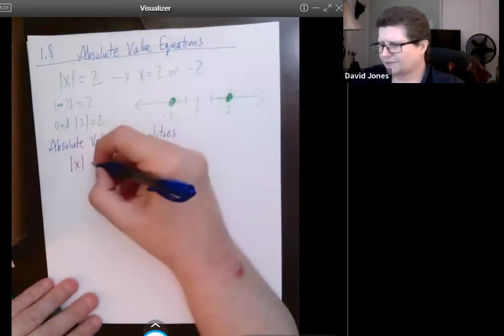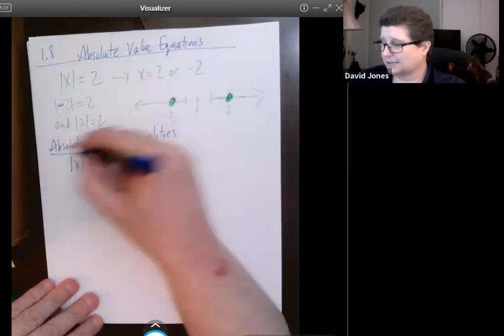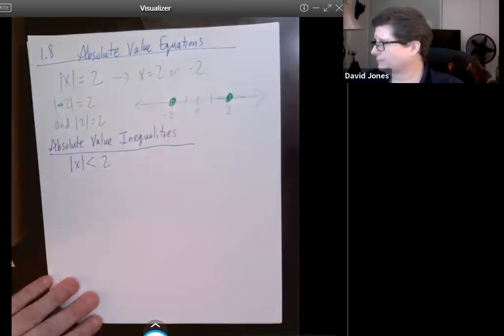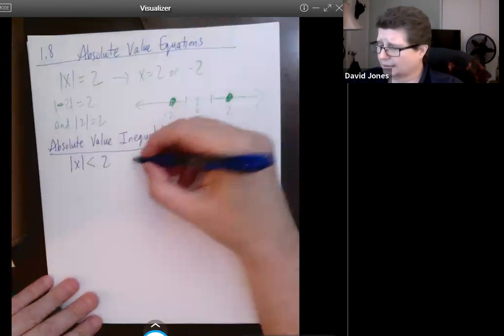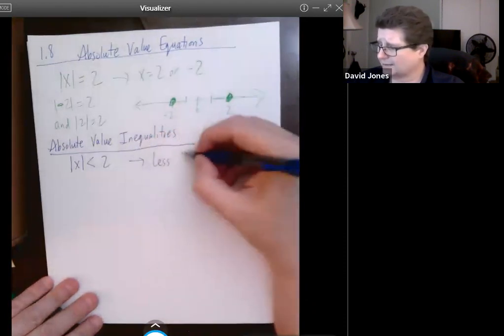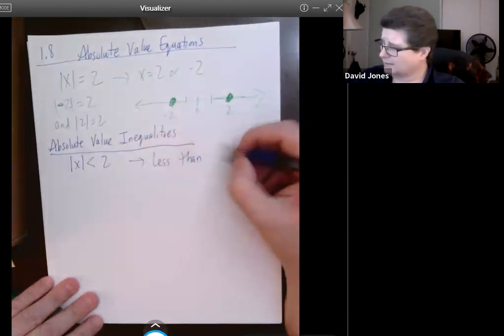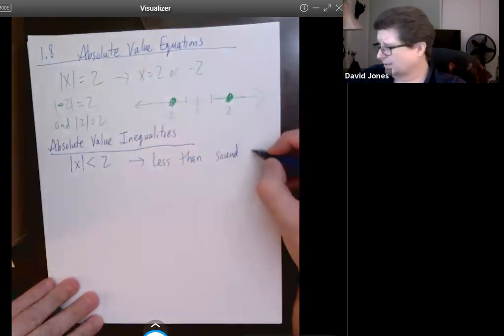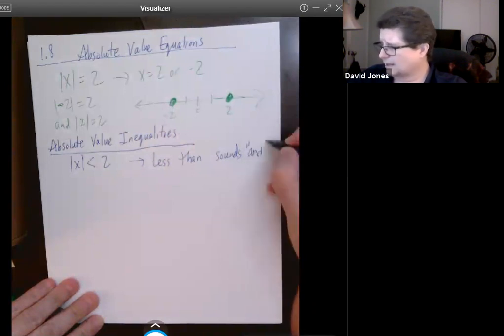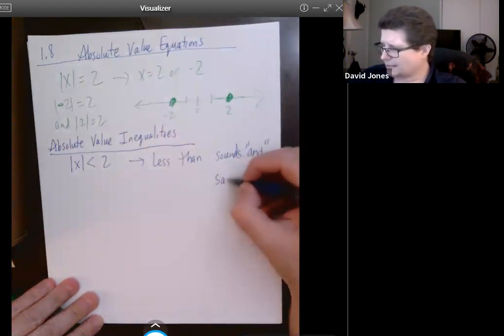The absolute value of x less than 2, let's say. Less than sounds like and, and the and sound is sandwich.